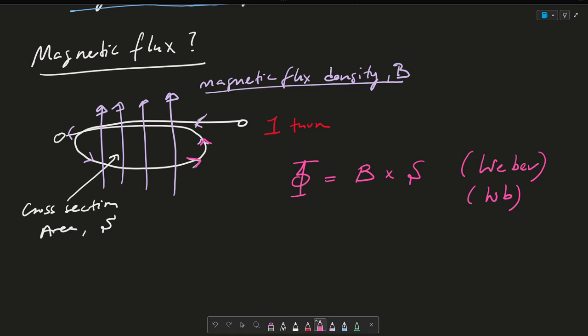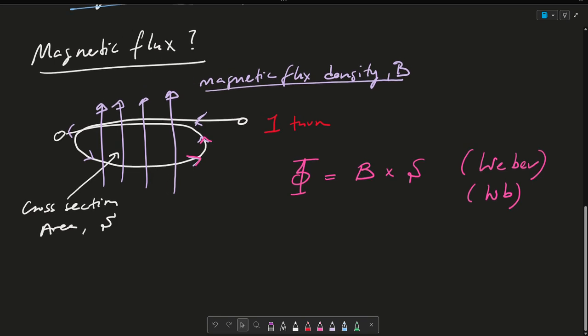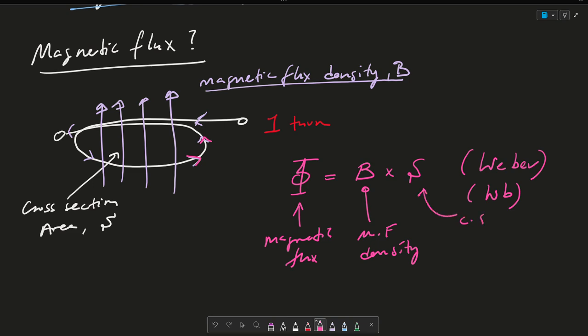This is named after a German scientist named Wilhelm Weber. So now we know what magnetic flux is, right? So this is magnetic flux. This here is magnetic flux density, let me just call this MF density. And this is the cross-sectional area, CSA.